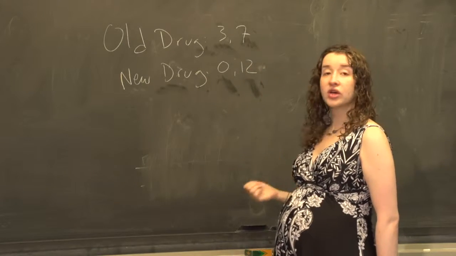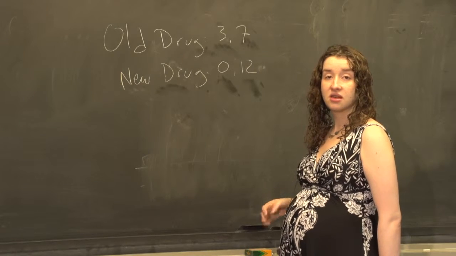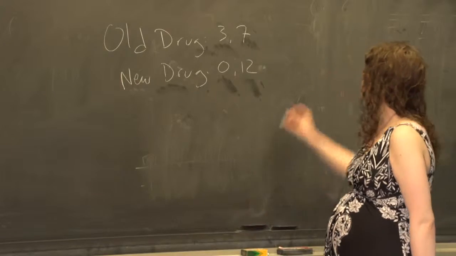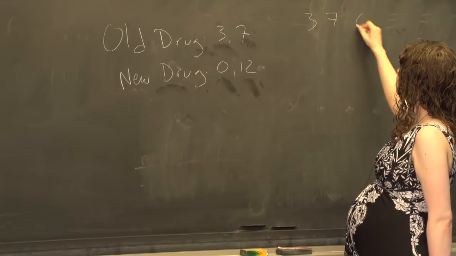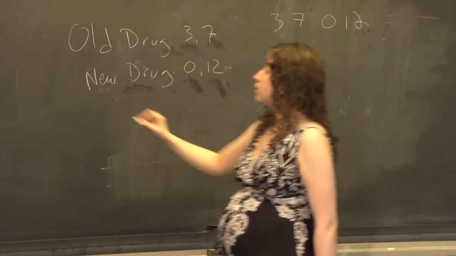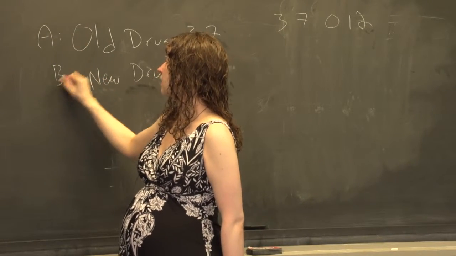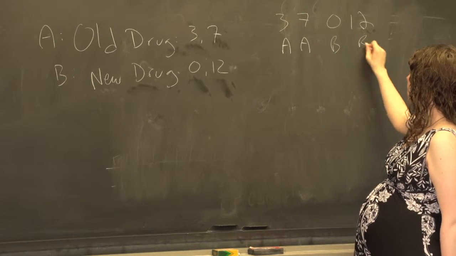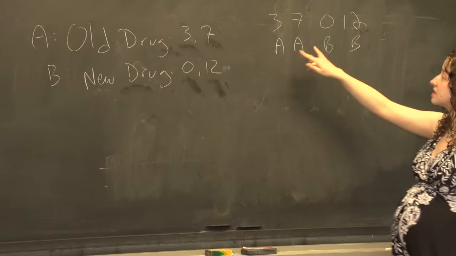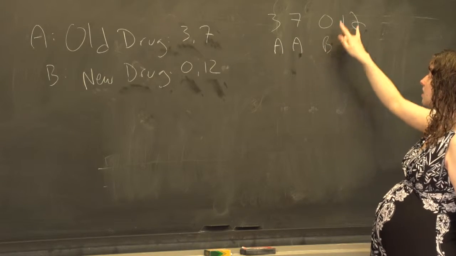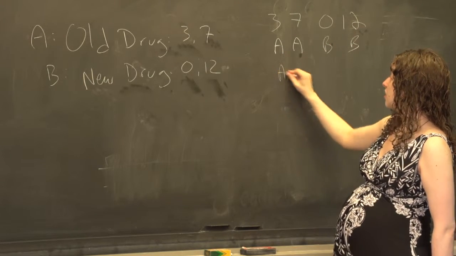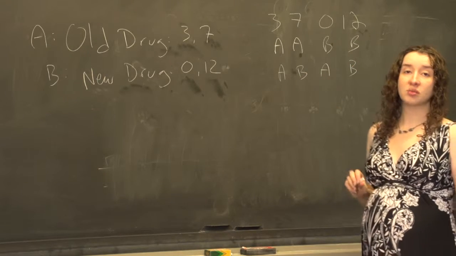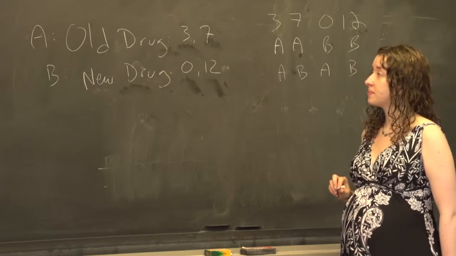Given these values, we could conduct a randomization test just as we did earlier. We could write out the numbers. We could notate the treatments A and B. We could note that what we have here is A, B, B, right? We could calculate the difference in the mean number of months for A and the mean number of months for B, and then do the same thing, for example, for other possible ways to allocate 2 people to treatment A and 2 people to treatment B. And we know how to do this.